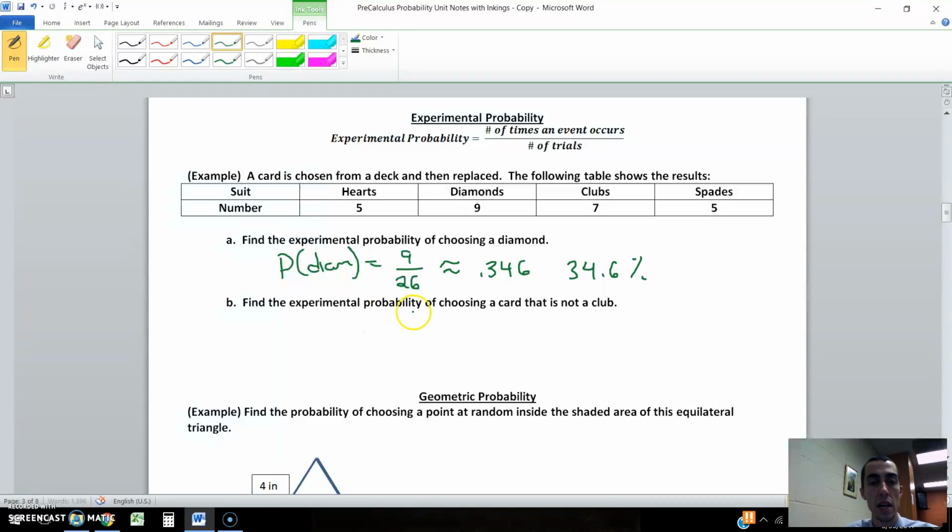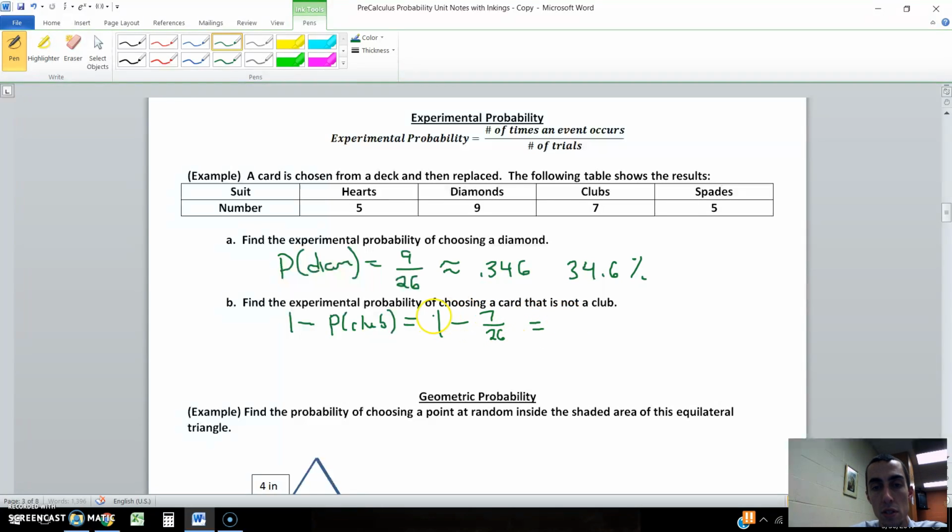Next one, experimental probability of choosing a card that is not a club. And so a couple ways that we can do this one. So we want not club, which means that the probability is going to be 1 minus the probability of a club. So that would be 1 minus 7/26.